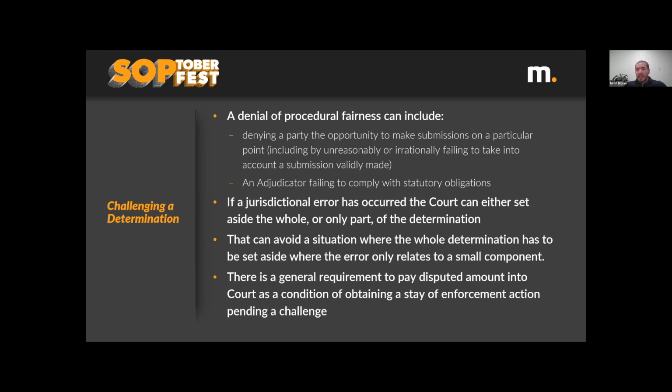In that case, and under the Act now, the court has the ability to set aside that small component and otherwise leave the determination intact, which makes sense from a practical point of view. If it's only a quite minor mistake, there's no reason to set aside the whole of the determination.